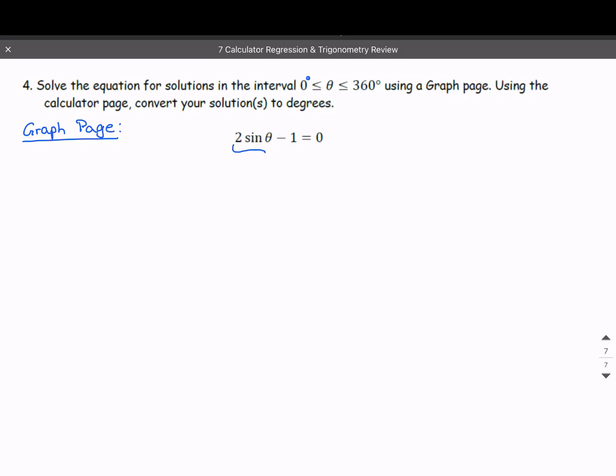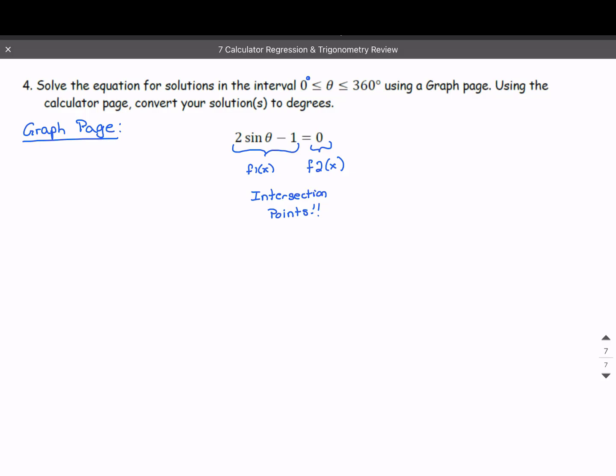You take one side of the equation and you enter it in f1 of x. You take the other side of the equation and you enter it in f2 of x. Then you look for the intersection points. The x values of those points are the solutions to your equation.